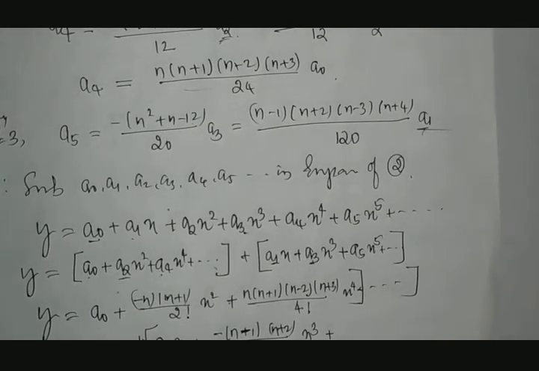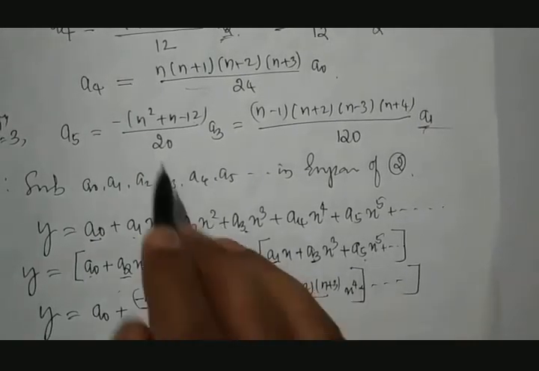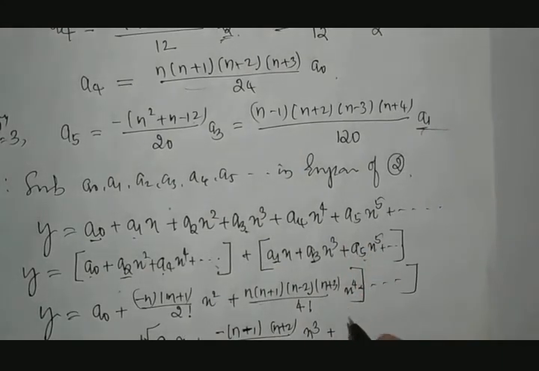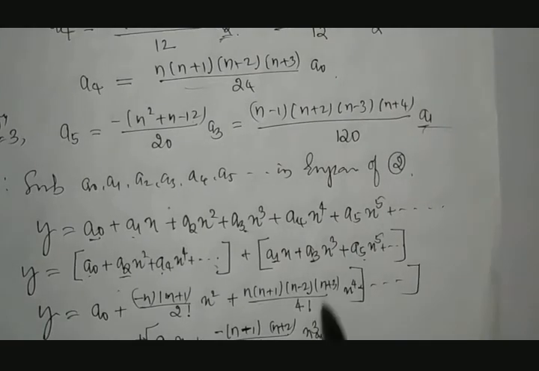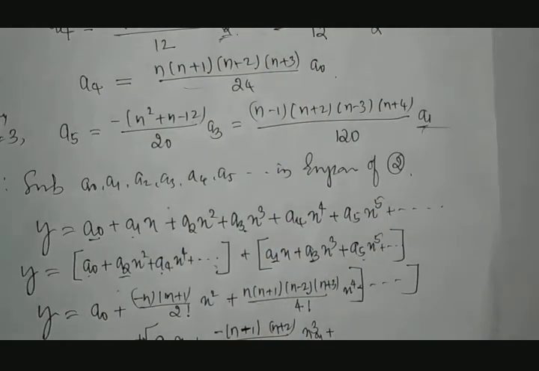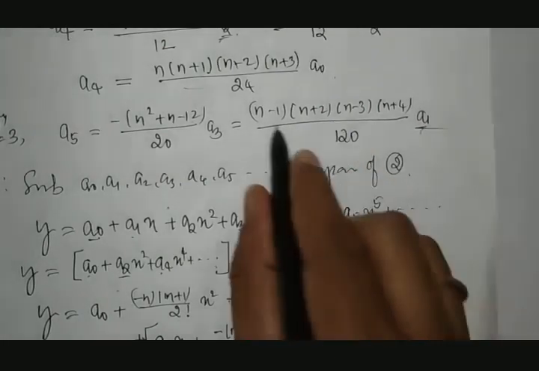Next, if you take next one, A5. What is A5? This result. Fine. This into A1. Next, we substituted the value of A3. A3 again it is into A1. Next A5. A5 is this.